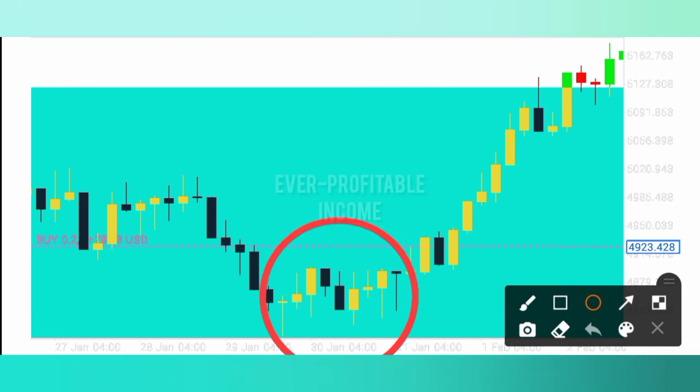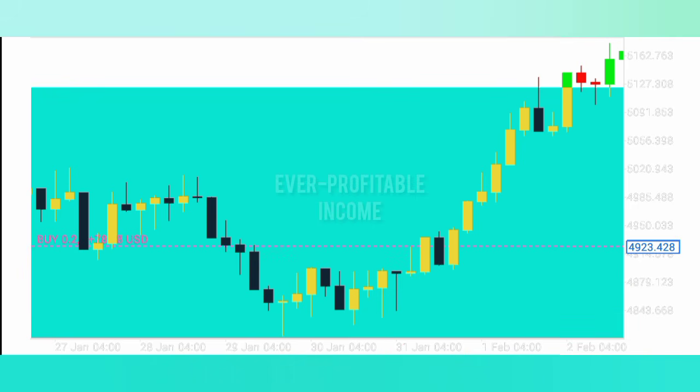In this zone, are they full-bodied candlesticks, or are they small-bodied candlesticks? Are they candlesticks that have long wicks or short wicks? These are the things you have to put into consideration, and you have to check: did any reversal candlestick appear here, or did any reversal pattern occur here?